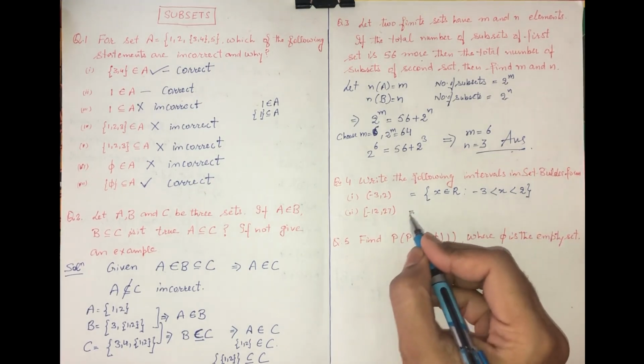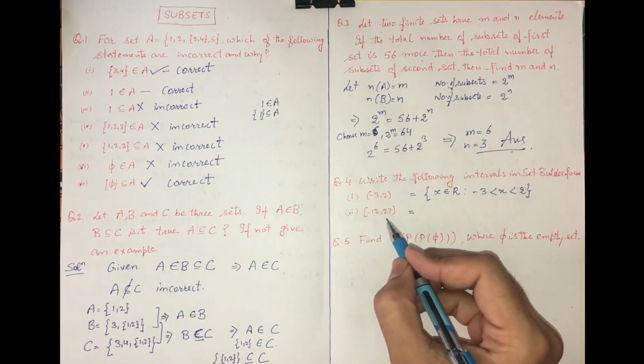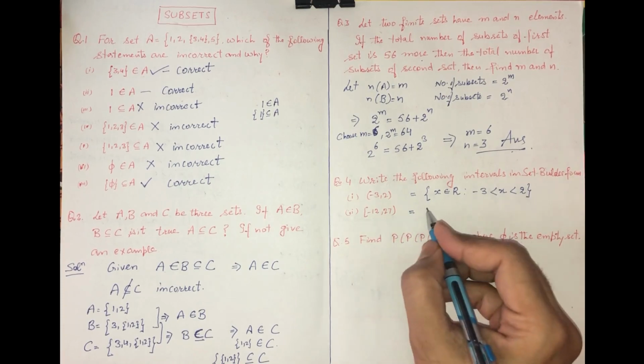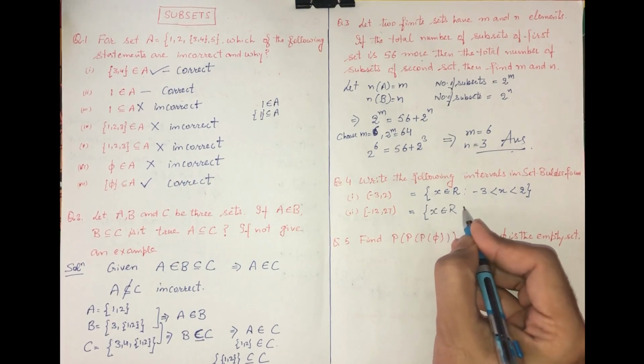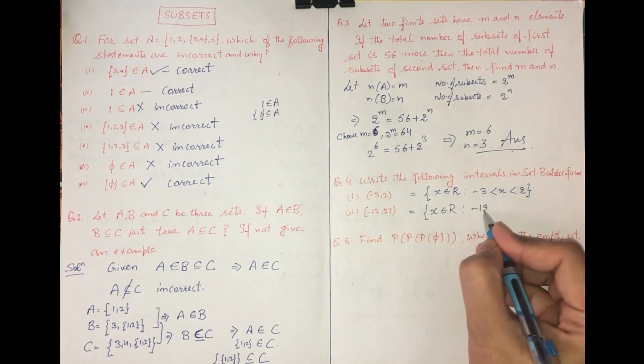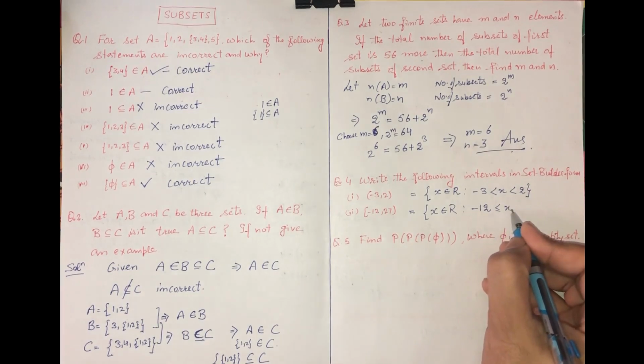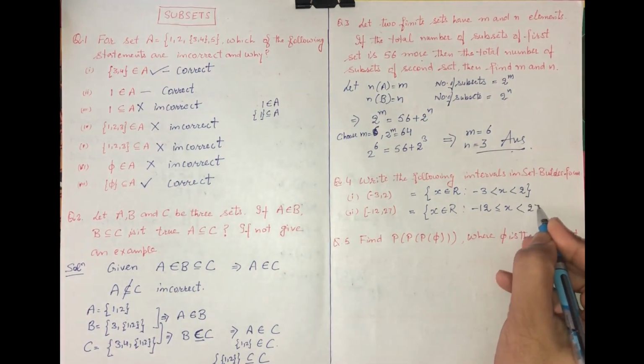Now second set, this is semi-open or semi-closed. So again here all those real numbers belong to that set with 12 less than or equal to x, strictly less than 27.